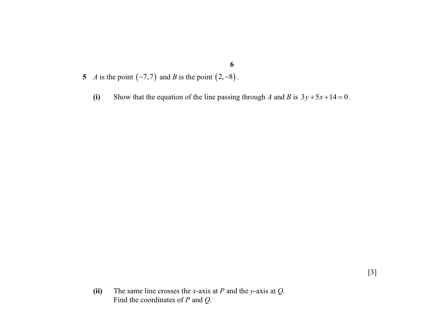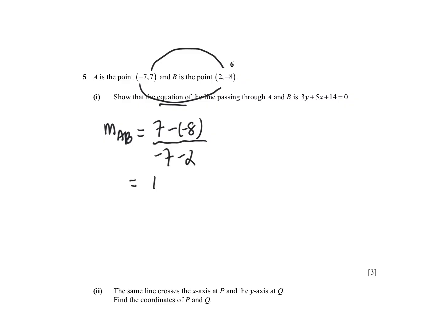This one, coordinate geometry is a must score. Do carefully. They want you to find the equation. So first thing is gradient. So y2 minus y1 over x2 minus x1. Then it's 15 over minus 9. Then we use the formula y minus small y equals gradient times x minus small x. Choose the pair you prefer.